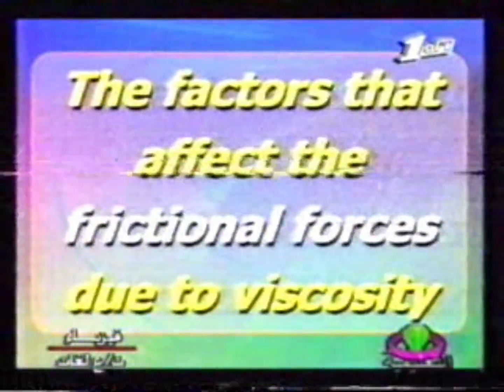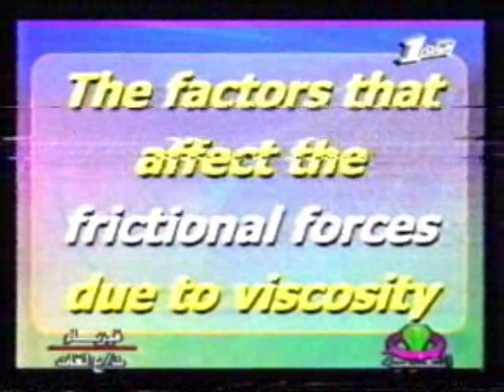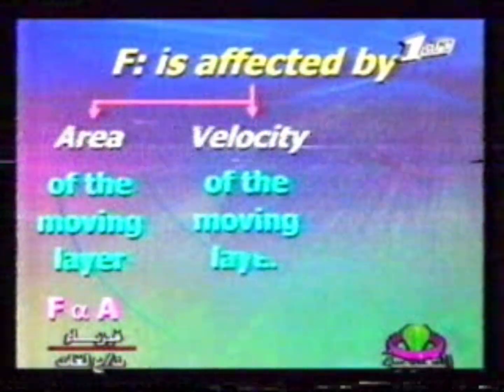The factors that affect the frictional forces due to viscosity. It is found that F is affected by number 1, the area of the moving layer, where the force is directly proportional to the area. Good. What about velocity?